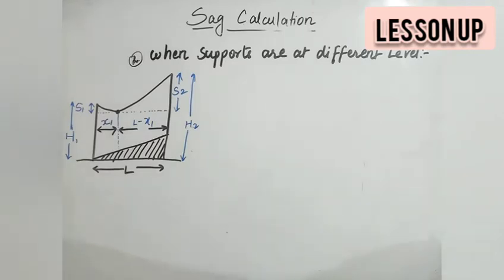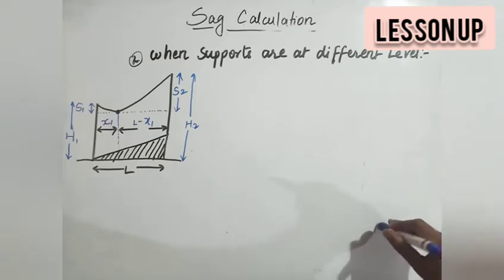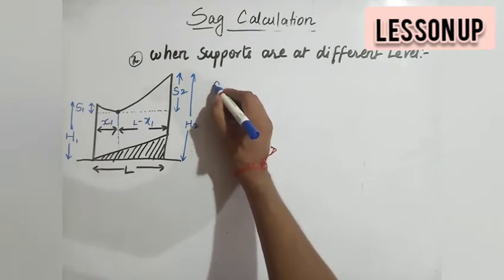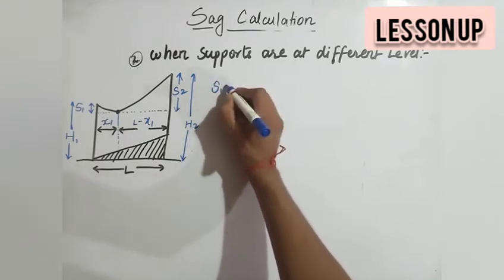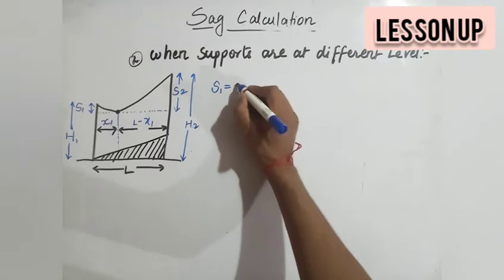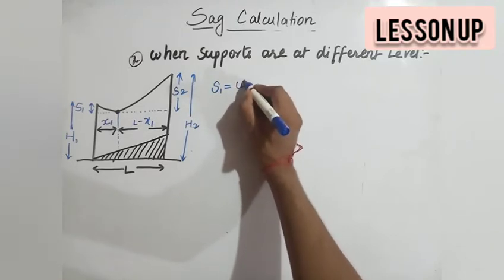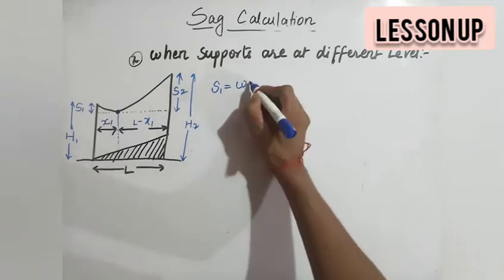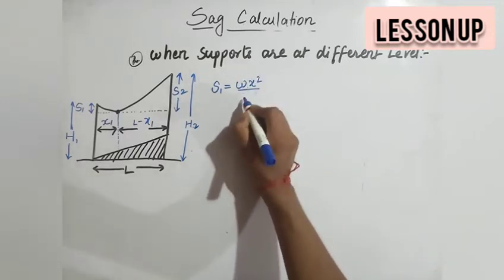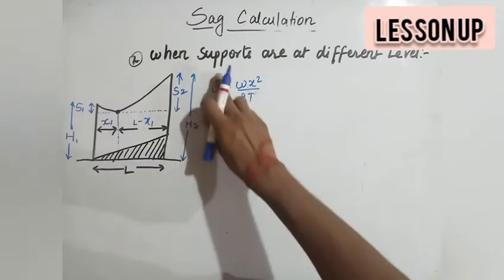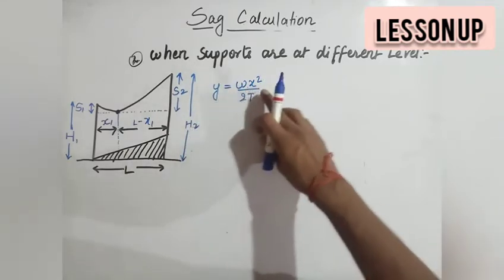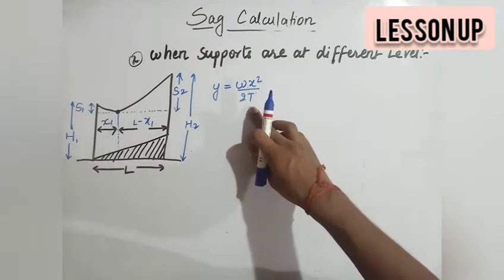Now to calculate sag, as I got in the previous section, sag y is equal to weight into x square by 2t.